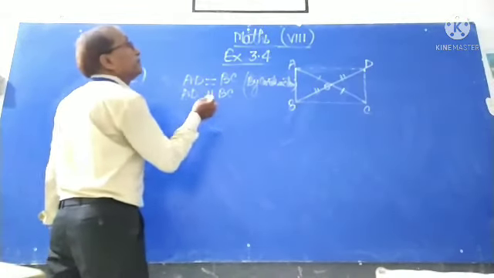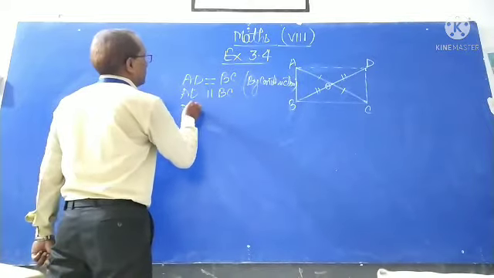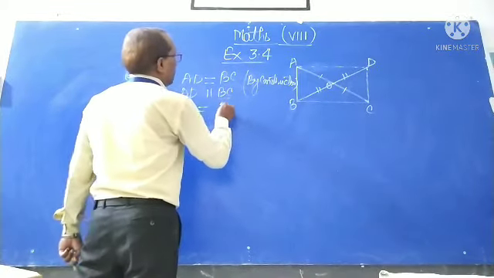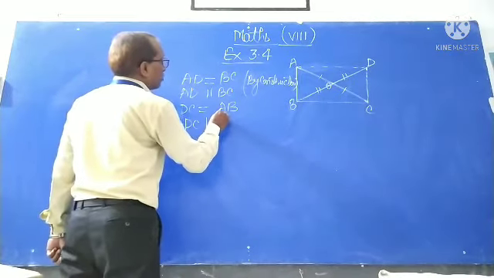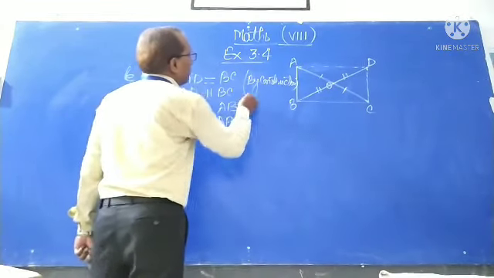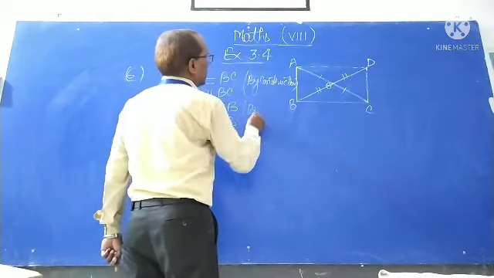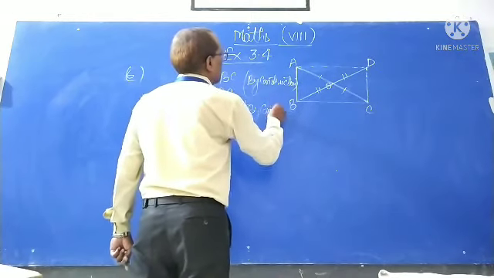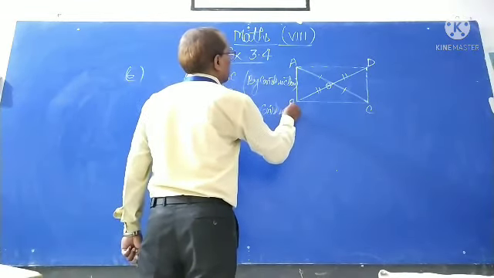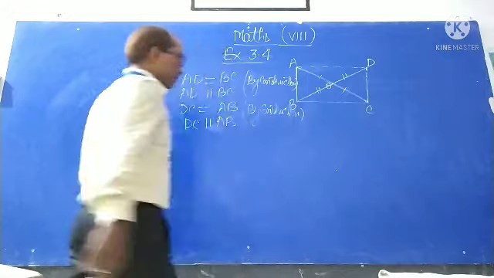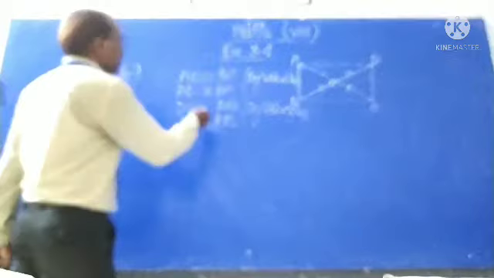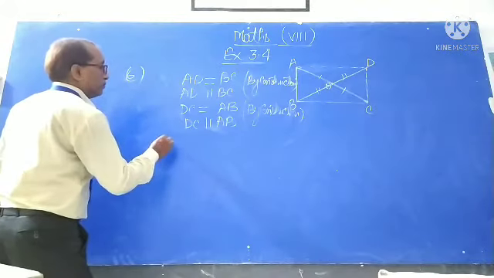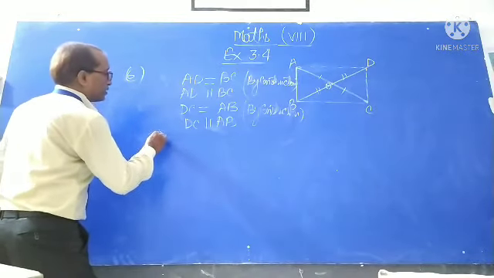Second, DC is equal to AB, and DC is parallel to AB by construction. Okay.